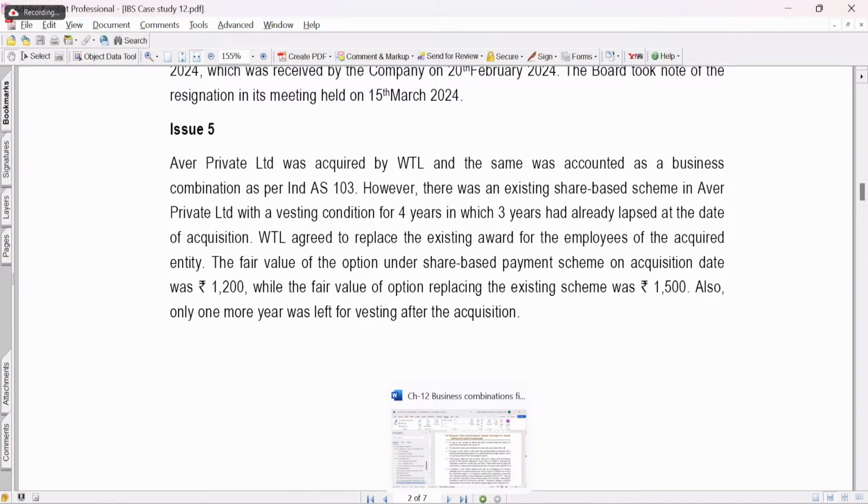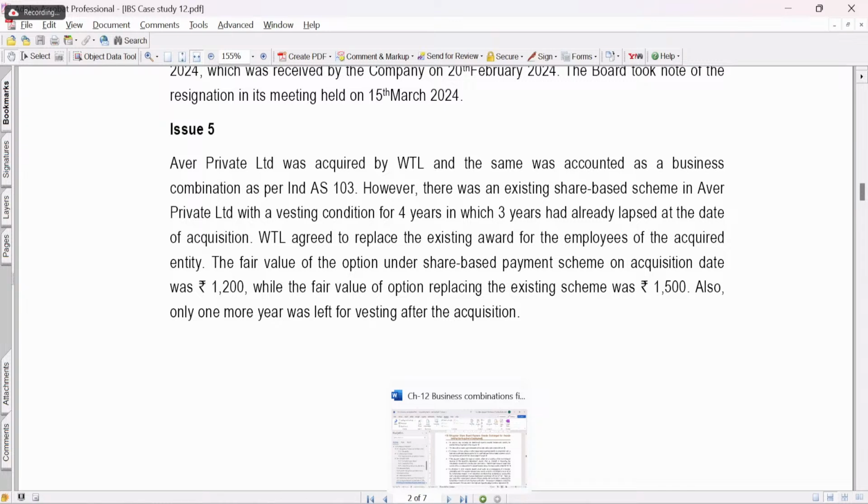It may appear that they are acquiring the control of that entity by investing in the equity shares of that particular entity. However, this portion has not been given in this issue, so we are not going in depth for that, but we are believing that it is a question of Ind AS 103 business combination, where WTL is the acquirer who is now having control over Ava Private Limited, which is being acquired.